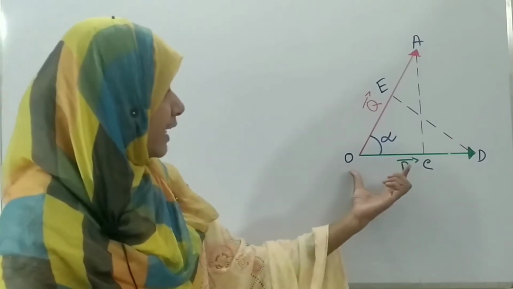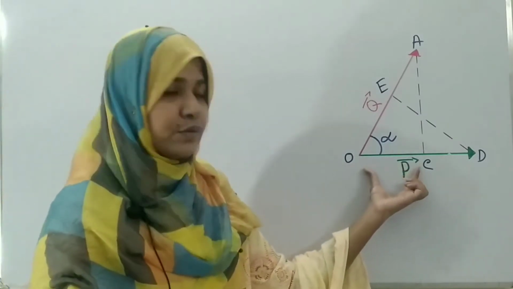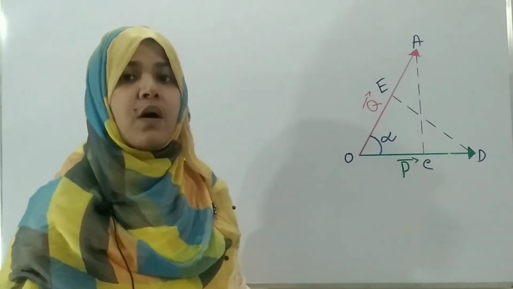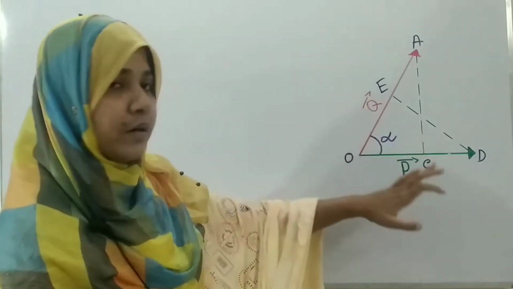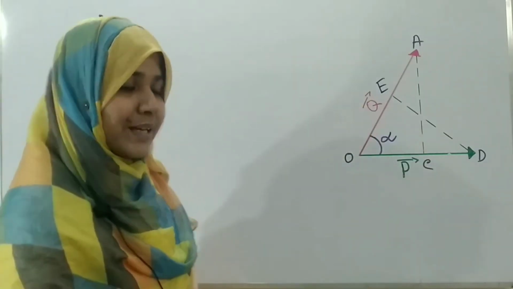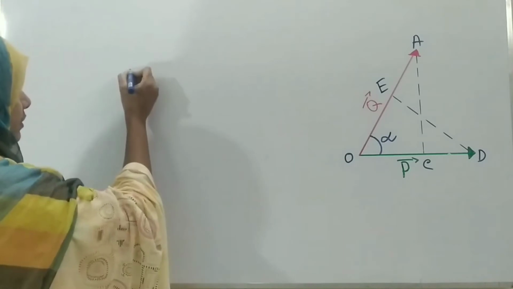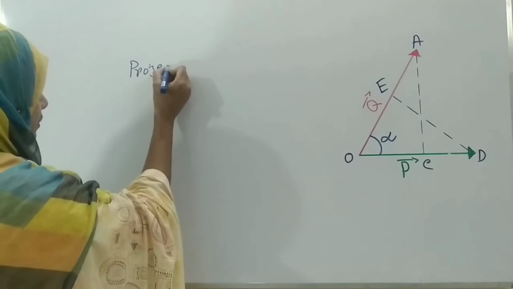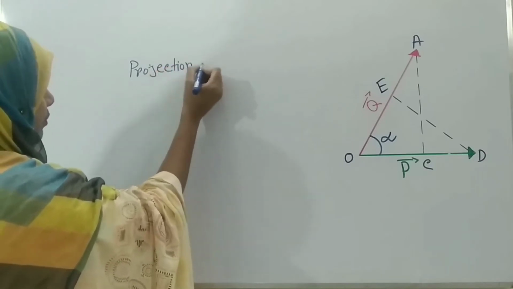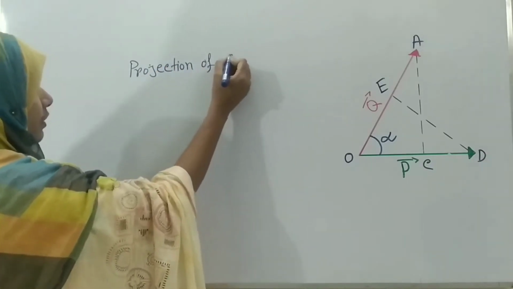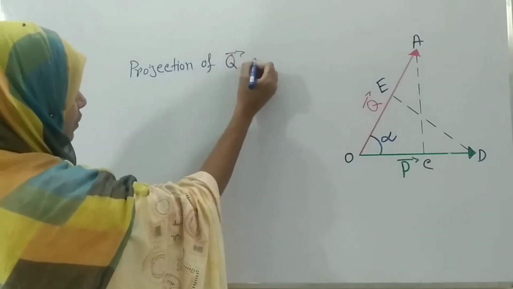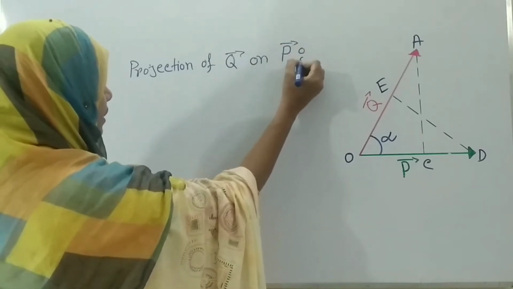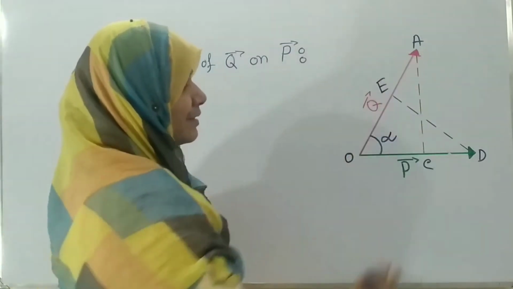So if we calculate the magnitude of OC, then this OC will indicate the value of projection Q on P. So we can write that projection of vector Q on P. See that OAC is a triangle.